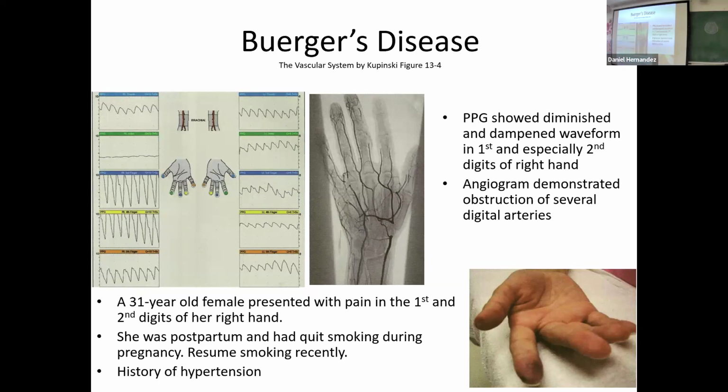They use the PPG sensor, so some of you in labs have practiced with the little clips. We can put a sensor on the fingers using that machine and get Doppler tracings. So in this case, it correlates with the patient's angiogram. That second digit here was flat. There was no blood flow getting through it.